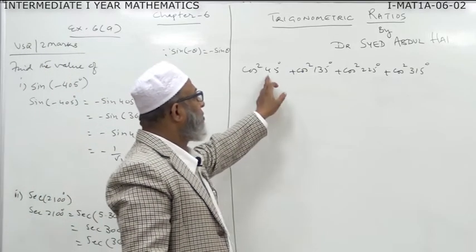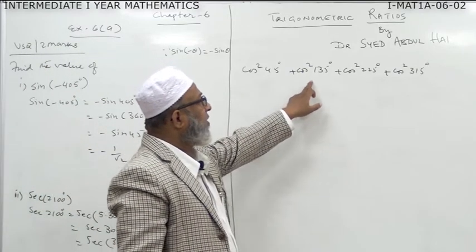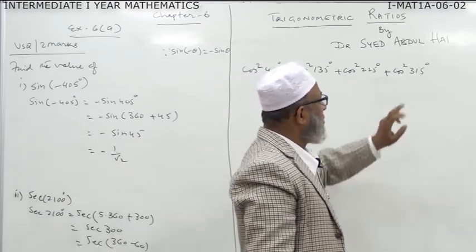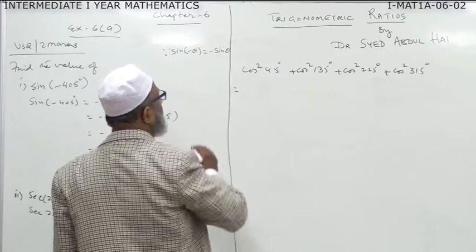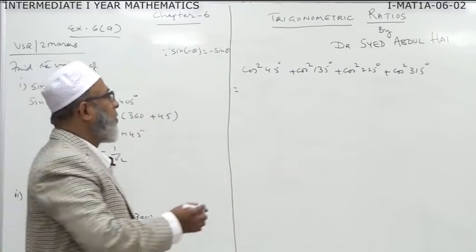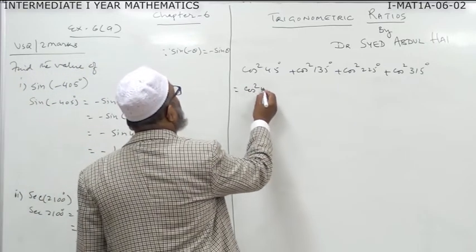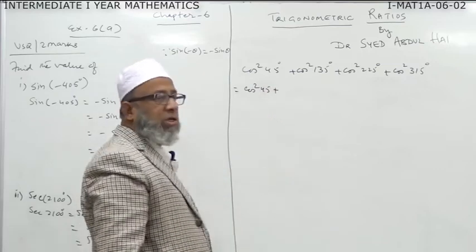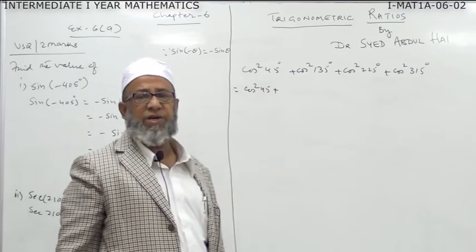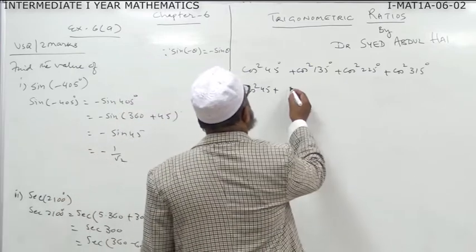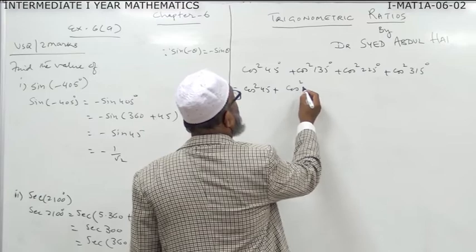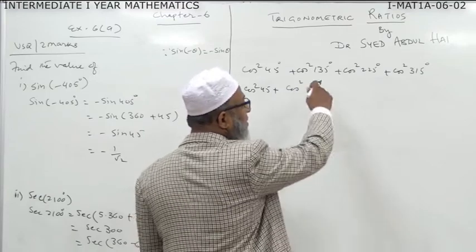Right? This is equal to cos square 45 as it is. Cos 135, 135 is more than 90, right? So, we can simplify this separately.